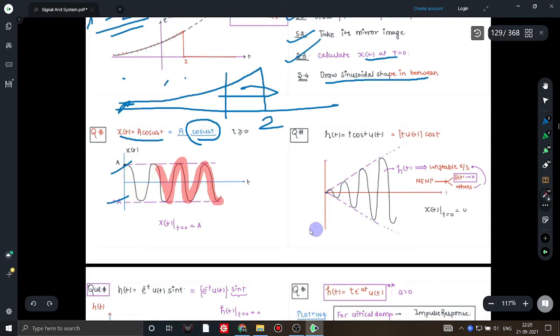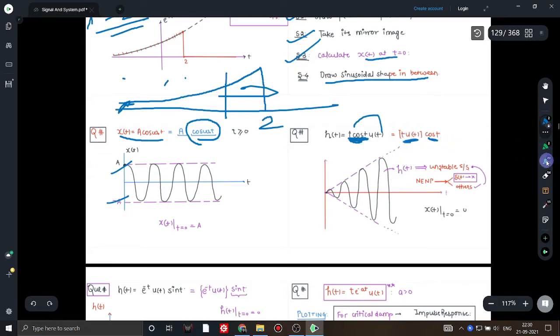Okay, so if we want to draw the graph of this function, you can see there is a t, a function, and there is also a multiplication of this sinusoidal signal, that is cos omega t. So here the function is t u(t) into cos omega t.